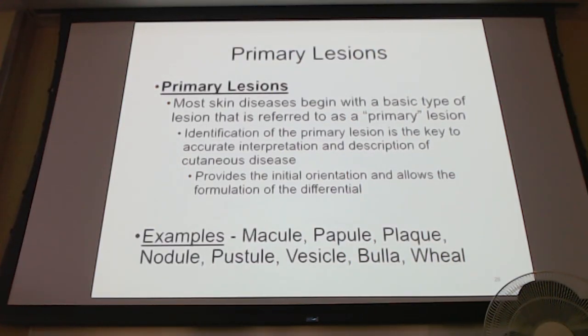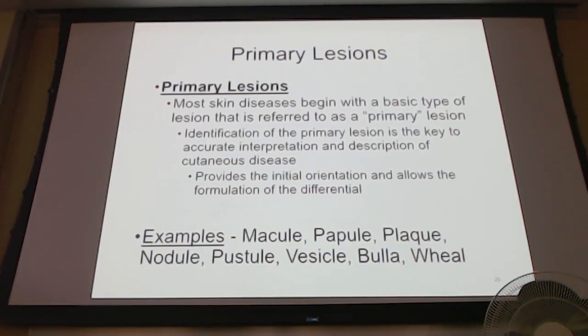Okay, so now we're going to break it down into those primary, secondary, and then we're going to give examples of some of those special lesions out there, okay? Most of these skin diseases start off with some type of a macule. It's that one spot, pityriasis rosea, that's that Christmas tree rash, right? It starts in one spot and then it spreads out like a Christmas tree.